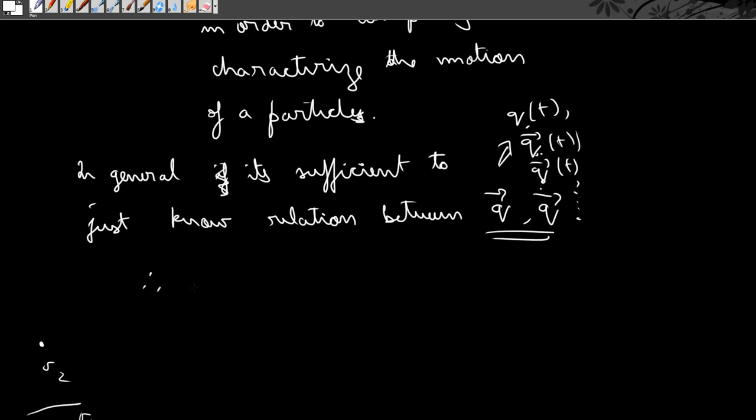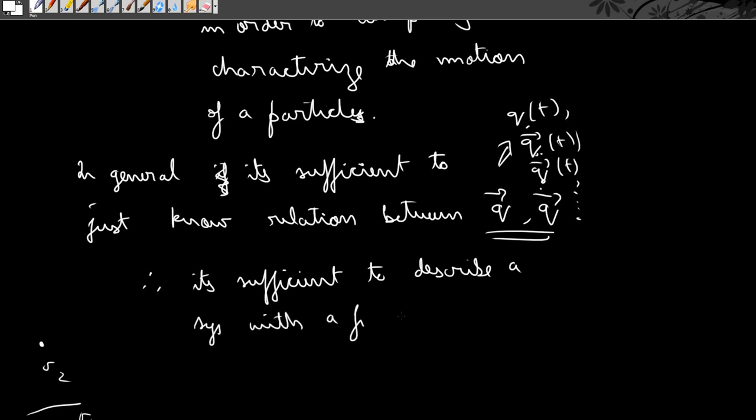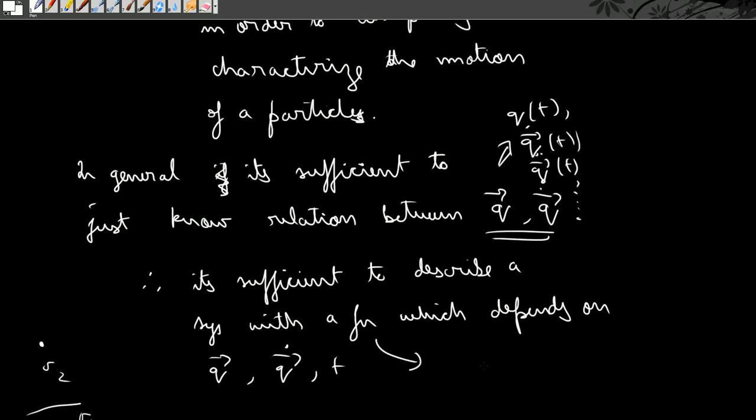So therefore it's sufficient to describe a system with a function which depends on the generalized coordinates, the generalized velocity and time, and we call that function the Lagrangian.